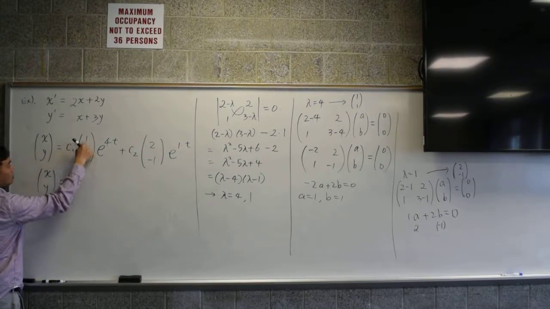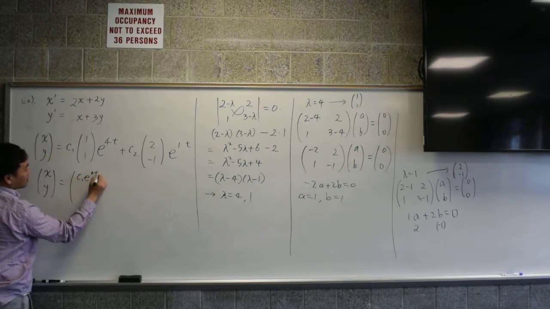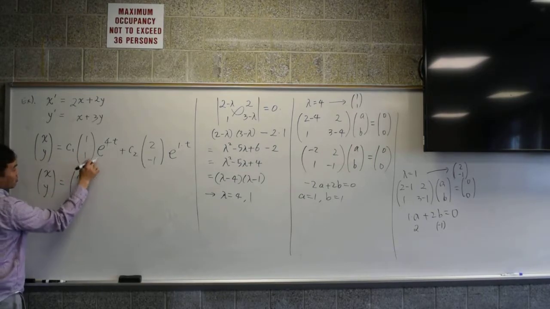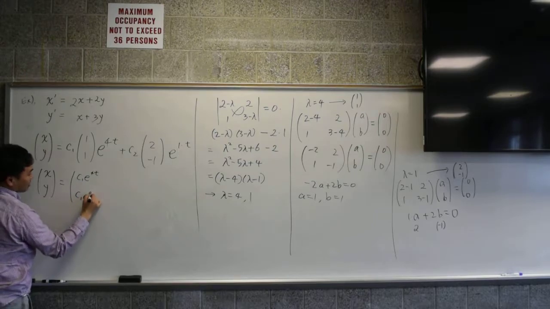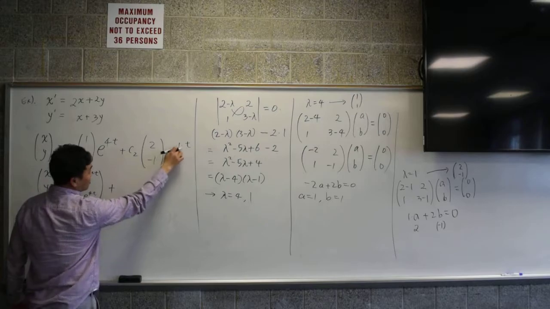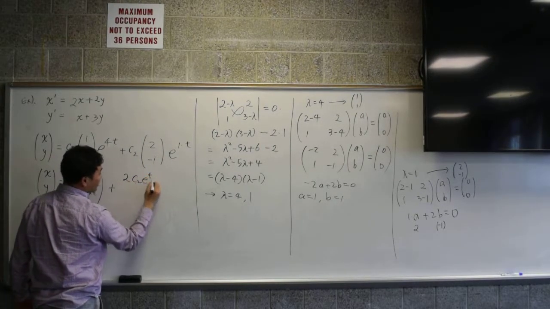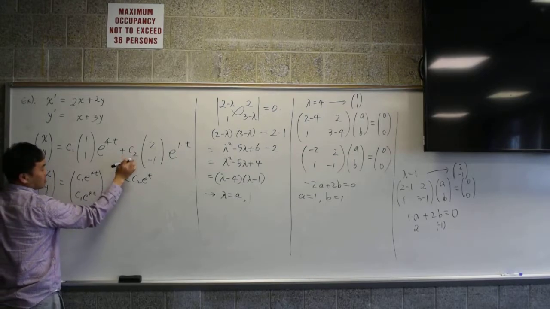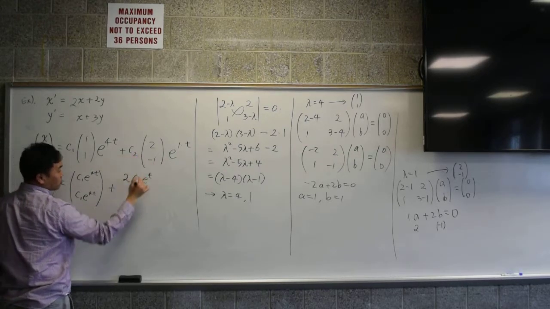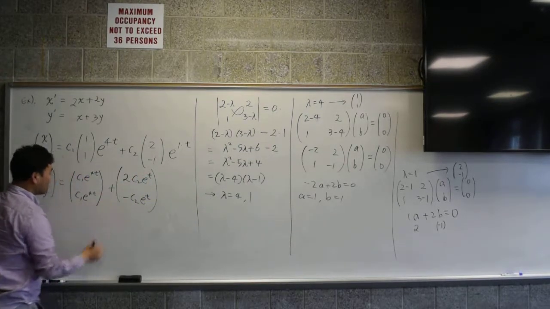So C1 times 1 times e to the 4t gives you C1 e to the 4t on the top. C1 times 1 times e to the 4t is also on the bottom, plus C2 times 2 times e to the t, so it's 2C2 e to the t, and negative 1 times C2, so it's negative C2 e to the t on the bottom.